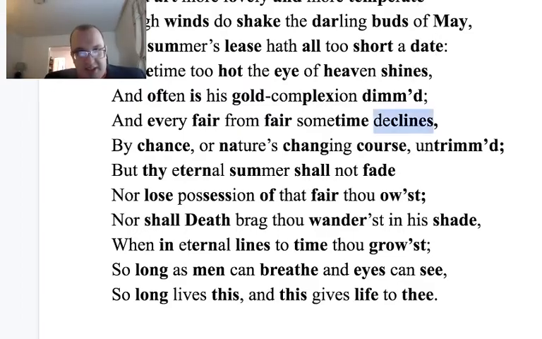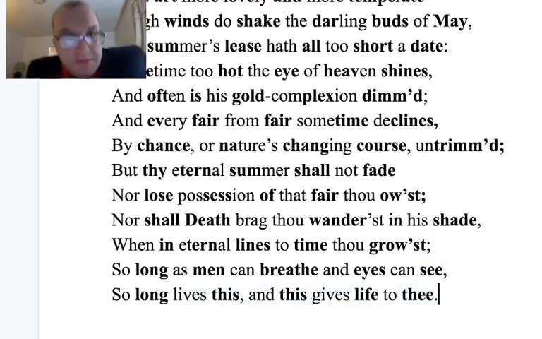Shines, declines, that's our C sound. Dimmed, untrimmed, that's our D sound. Fade, shade, our E sound. Ow'st, grow'st, our F sound. And then our final rhyming couplet is our G sound.